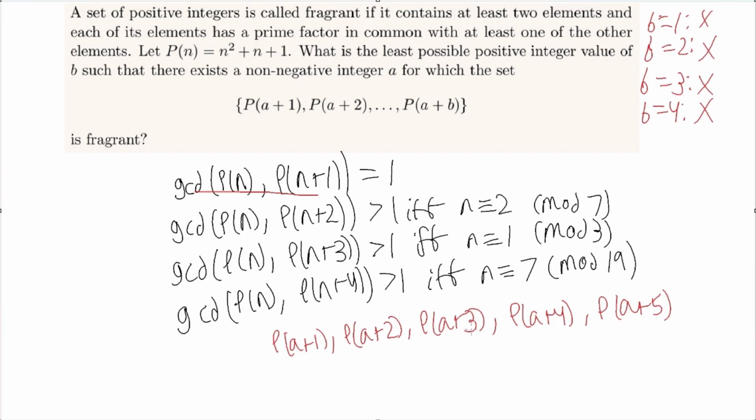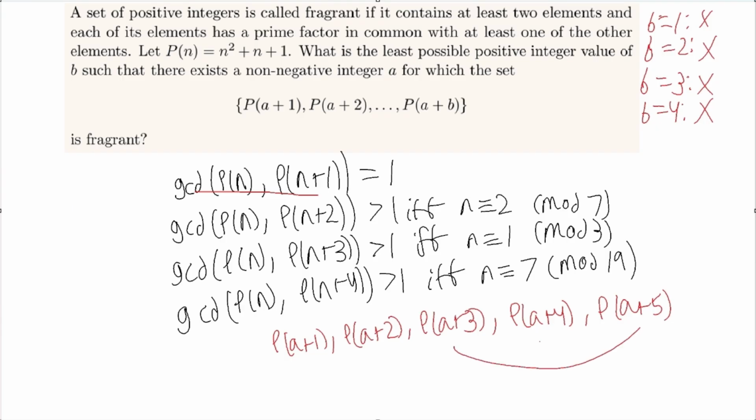In this case, the P of A plus 3 can't be paired with this one here or this one here. So it has to be paired with one of the outer elements. And without loss of generality, because this is pretty symmetric, we can assume that it gets paired with this one here, because tackling the case where it's this one over here is very similar.